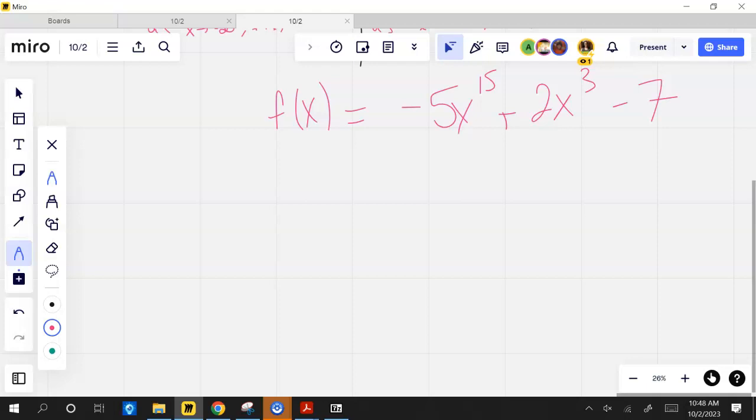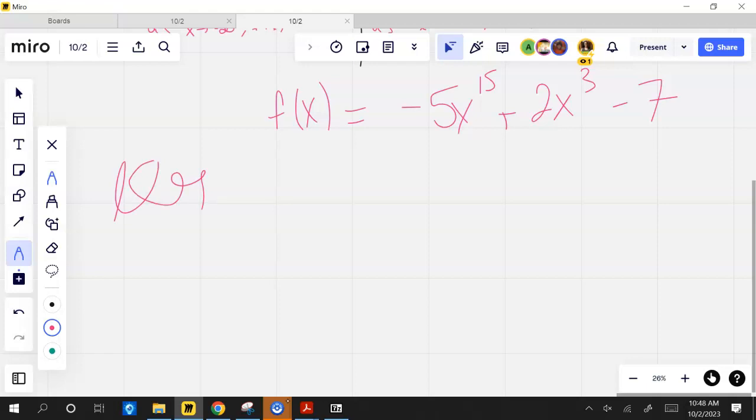Sorry, I should have said that. That is a crazy polynomial, yes? Describe the end behavior. Tell me what the ends are doing. I don't care what the inside's doing. I just want to know what the ends are doing.